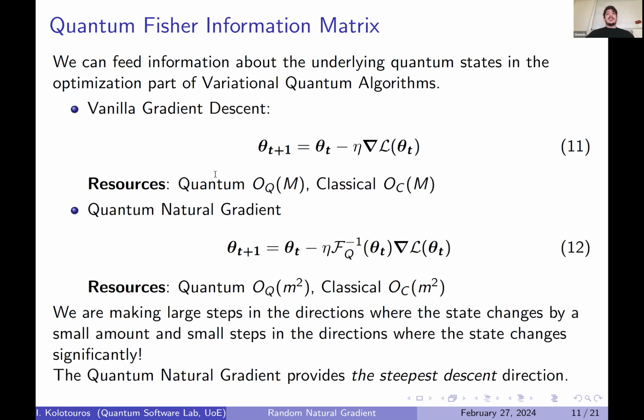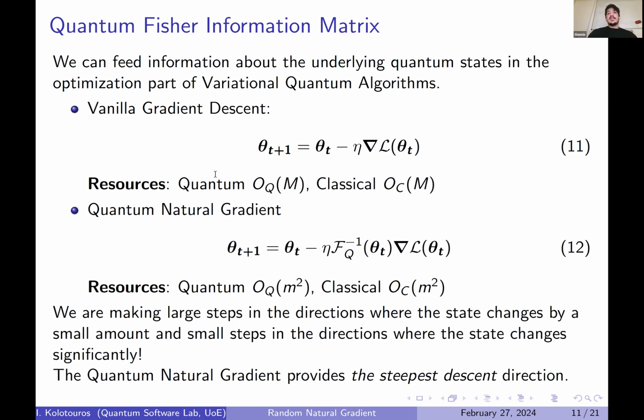On the other hand, for the quantum natural gradient, you need m squared quantum resources that scale quadratically with the number of parameters. You also need quadratic classical memory to store the matrices. So intuitively, now that you understand what the quantum Fisher information is, what the quantum natural gradient does is this: when your quantum state changes by a small amount, you're making large steps in that direction.